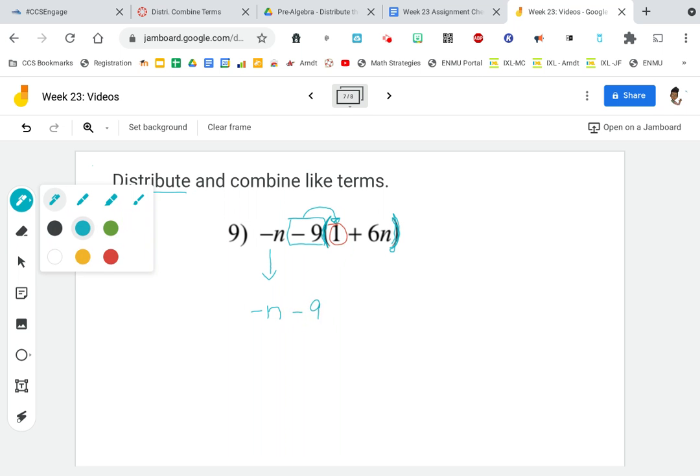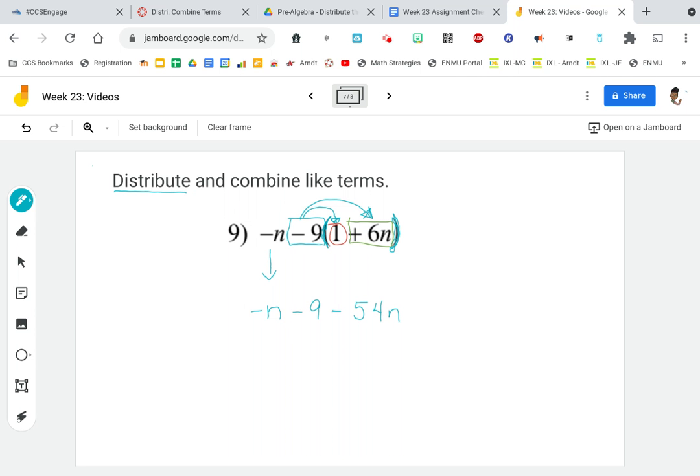And I still have to distribute or give out that negative 9 to the positive 6n. So negative 9 times positive 6n is negative 54n.